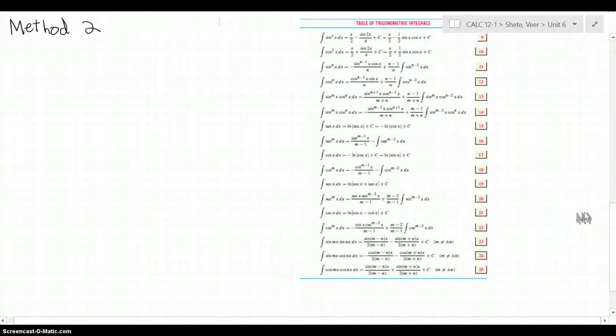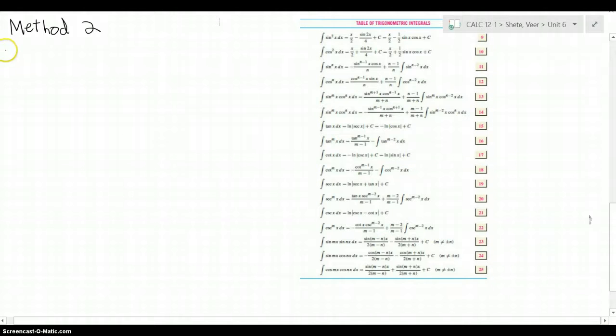So now continuing with our two methods for solving trigonometric integrals, we now move on to method 2, which is our reduction formulas. Now you will see here on the right hand side under this table of trigonometric integrals, we have all of our reduction formulas dependent on what we are taking the integral of.